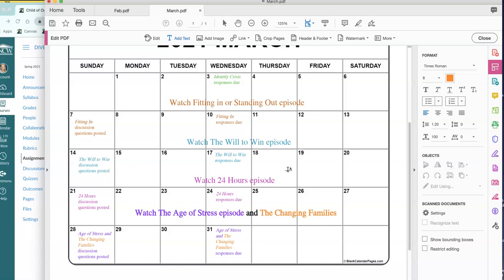This assignment is worth 20 points. That includes you being the facilitator, providing a thoughtful and thought-provoking discussion question, and then going in and monitoring what your peers are responding to and providing some kind of response back.